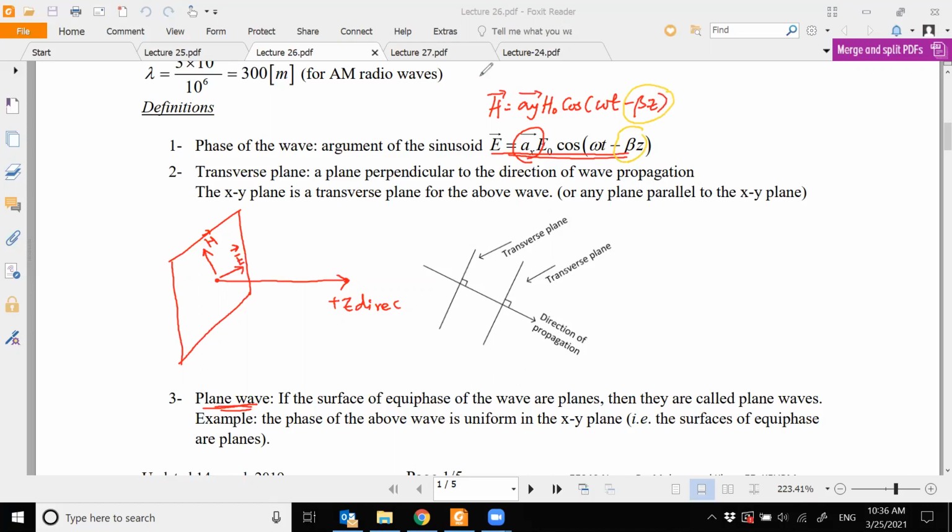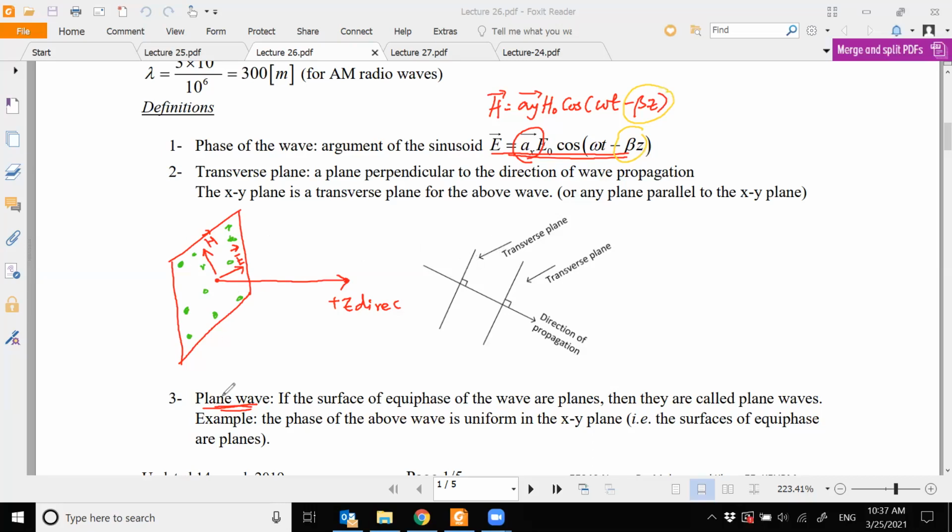That means if in this plane you go here, and now assume that this plane is infinite, everywhere. So anywhere you go on this plane, your electromagnetic wave will have the same phase, the same phase beta.